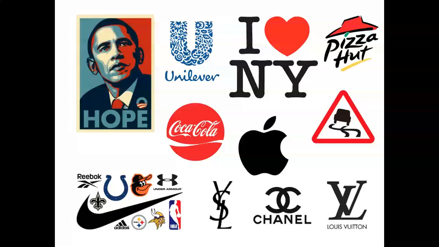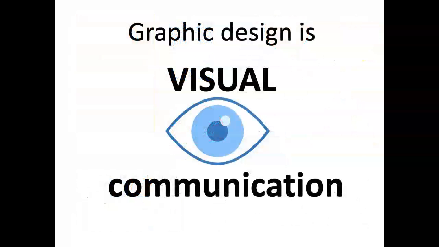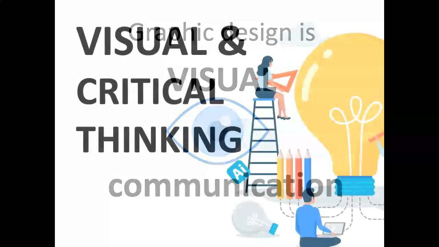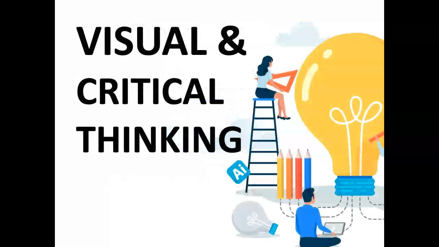They are targeted in a very specific way, and I want you to be aware of why they do what they do. And I want you to be able to critically analyze what it is you're looking at, because graphic design is visual communication. They really mean the same thing. So visual and critical thinking, so you will know the messages that are going on around you.